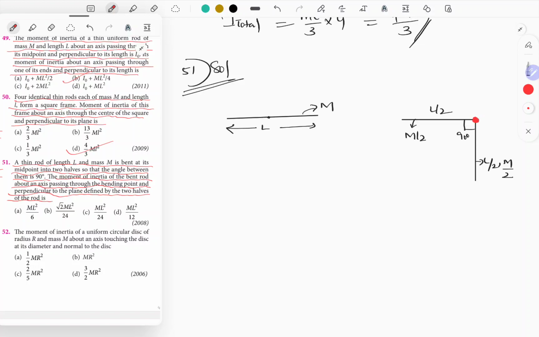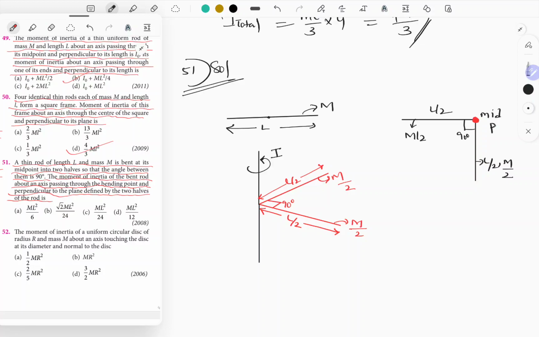If I represent it here, it is very difficult for you to understand, so let me represent the diagram like this. Look at this. This is how we can understand how that system is rotating. They said the axis is passing through the midpoint. This is where the midpoint is. Axis is passing through the midpoint and perpendicular to the plane of that body. So this is the plane of that body, and the axis is perpendicular to it.